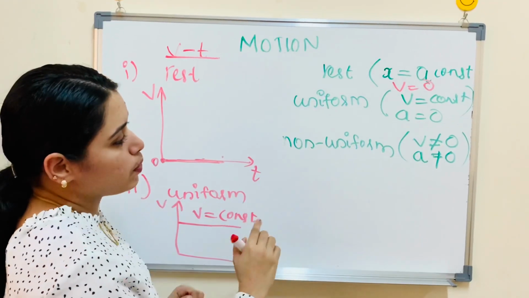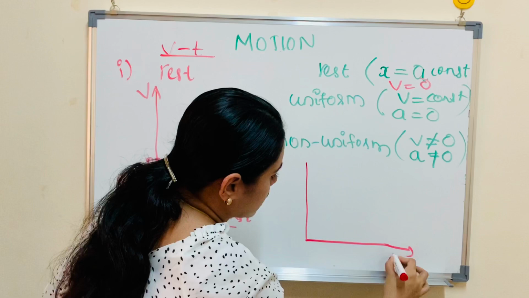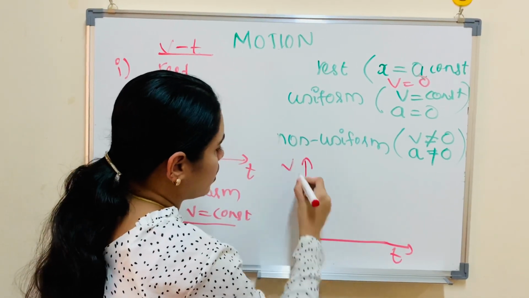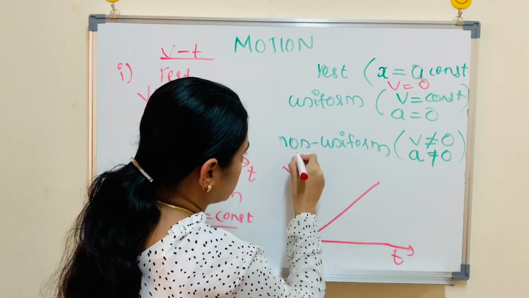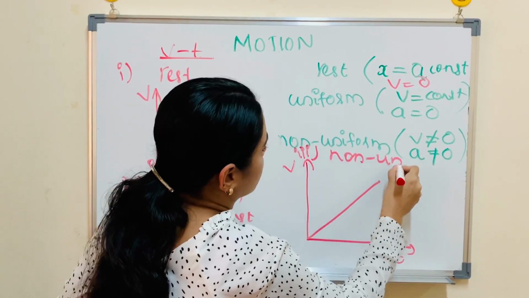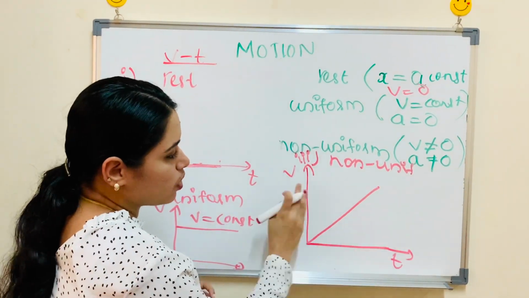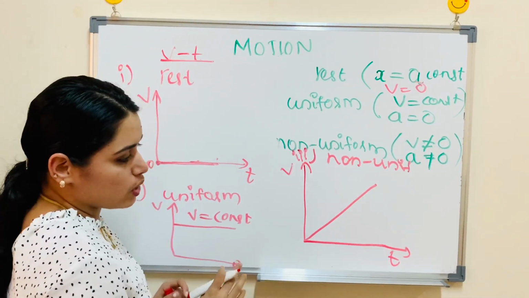For non-uniform motion, this is a special v-t graph, with t here and v here. This is the third condition, non-uniform motion, and the graph will be like this. That is, on increasing time the velocity also increases proportionally.